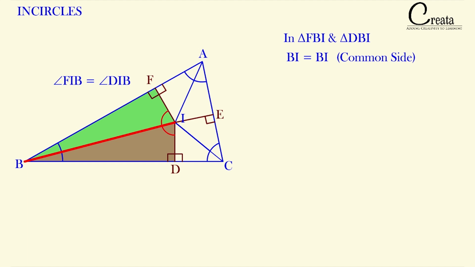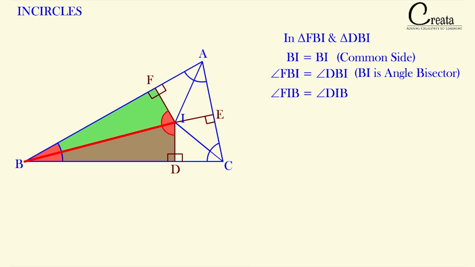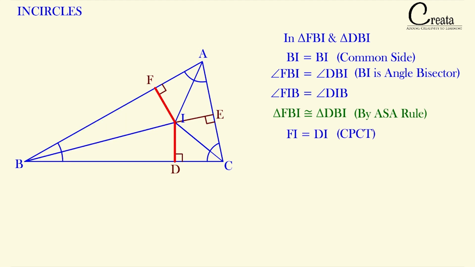So by ASA, that is the angle side angle rule, both of these triangles are congruent to each other. So by CPCT, corresponding sides will be equal to each other, that is FI will be equal to DI.